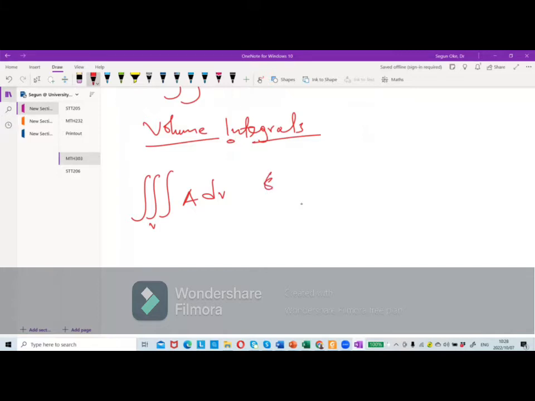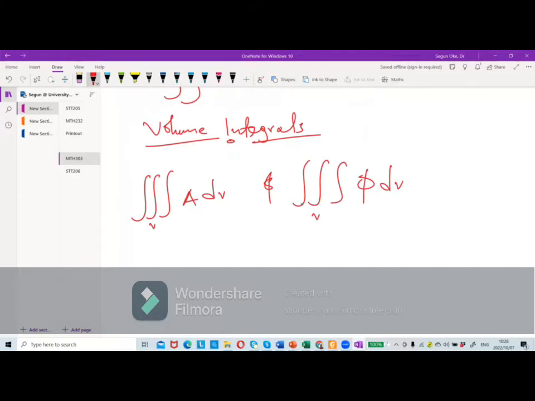Then we can also have the integral of phi dV.